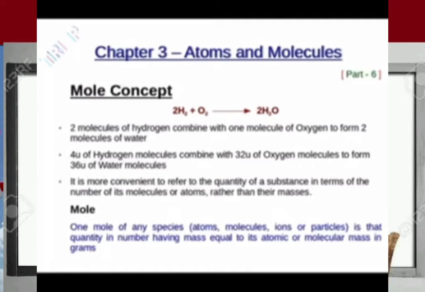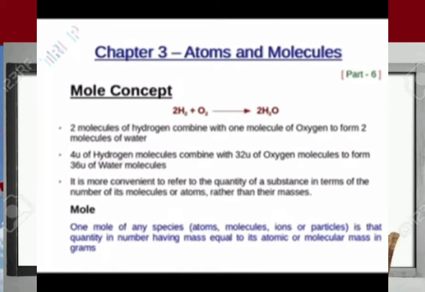From this equation we can understand that 2 molecules of hydrogen combine with 1 molecule of oxygen to form 2 molecules of water. Here we can also say 4U of hydrogen, that is 2H2, combines with 32U of oxygen.